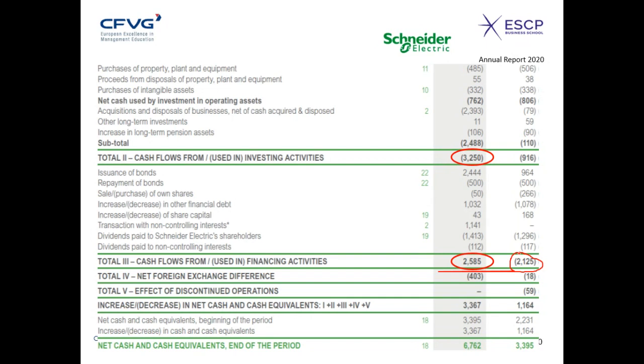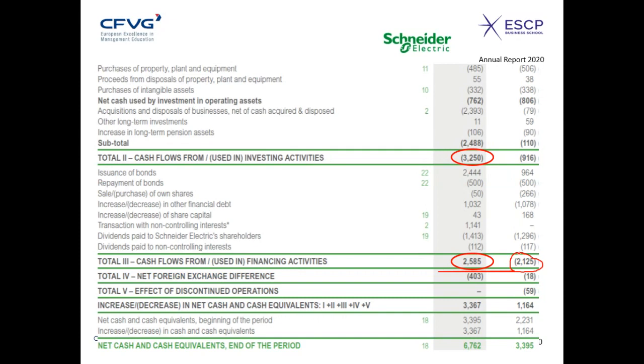Well, the answer here is it depends what we had before. Actually, the financing cash flow will react to what's happening in the 2 other categories of cash flow, and that's the job of the finance department.